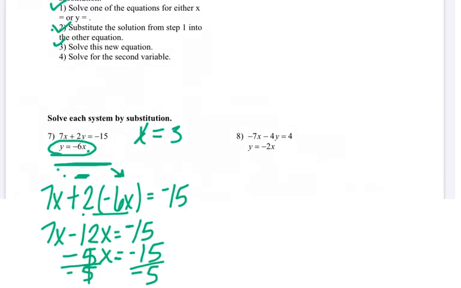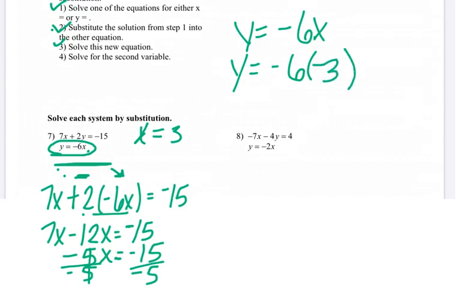Our other equation was y equals negative 6x. So y equals negative 6, and remember, we're going to plug this 3 in here, the 3 that we got from solving the first equation. So y equals positive 18.